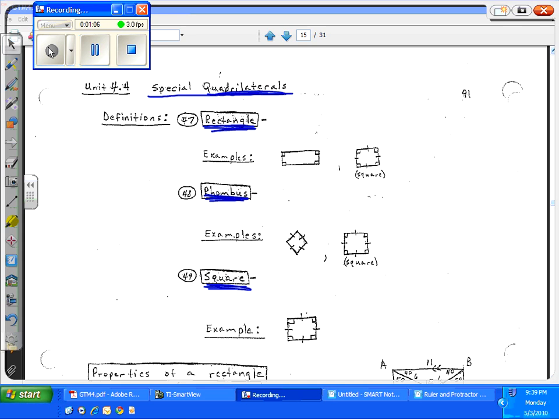The first of which would be their individual definitions. The definition of a rectangle is a quadrilateral having 4 right angles.